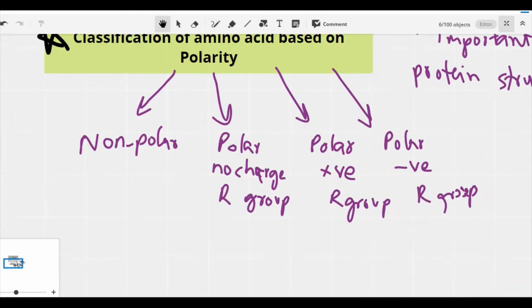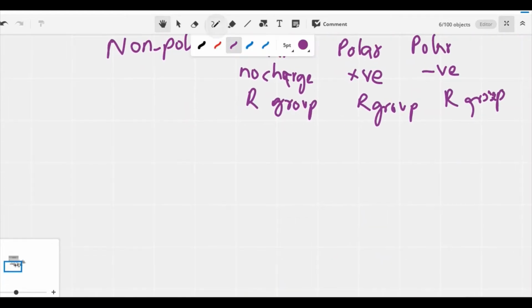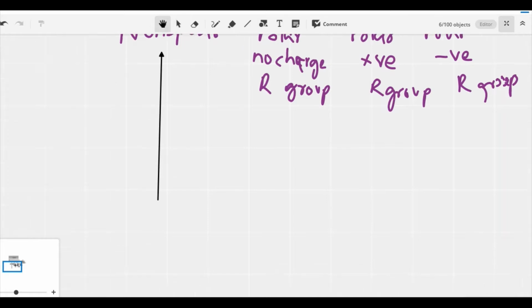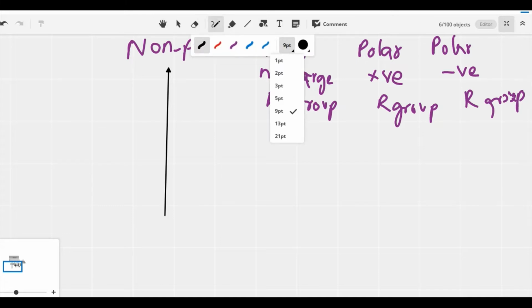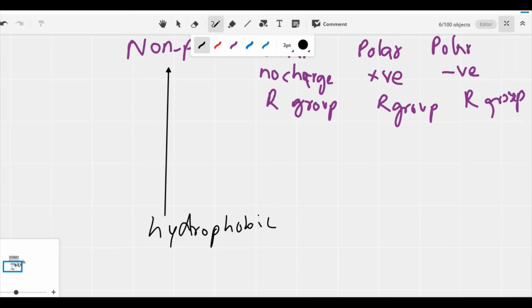First of all we are going to discuss the first one, that is non-polar amino acids. Remember, these amino acids are also referred to as hydrophobic because of non-polarity. There are two terms that are commonly used: hydrophobic and hydrophilic.